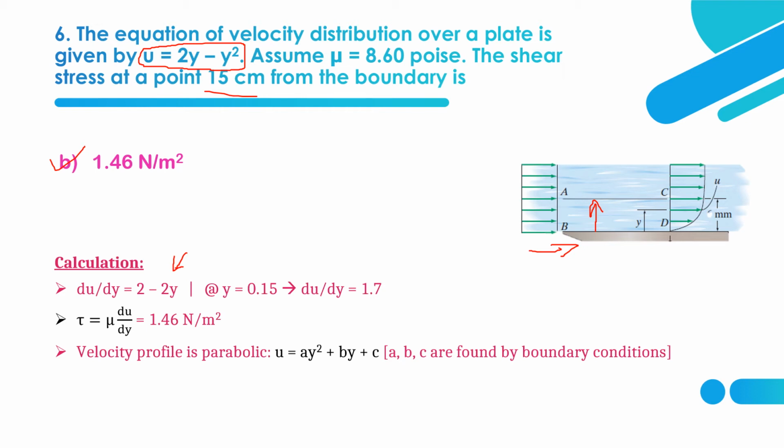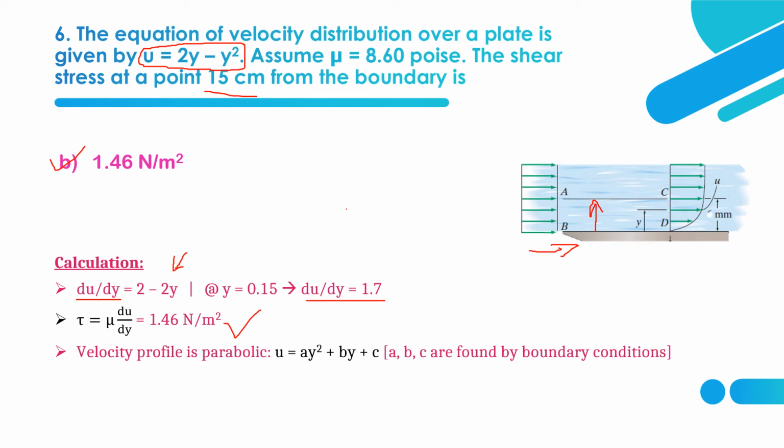At 15 centimeter, or we can say 0.15 meter, we calculate that value. So du by dy is 1.7. Just substitute here 8.6 poise. 1 poise is nothing but 1 by 10th of Newton second per meter square. So 8.6 by 10 into 1.7 gives 1.46 Newton per meter square as the shear stress value for this problem.